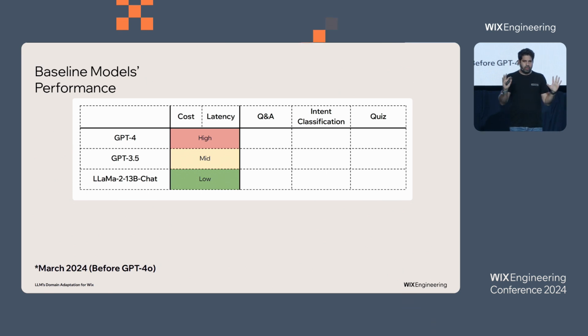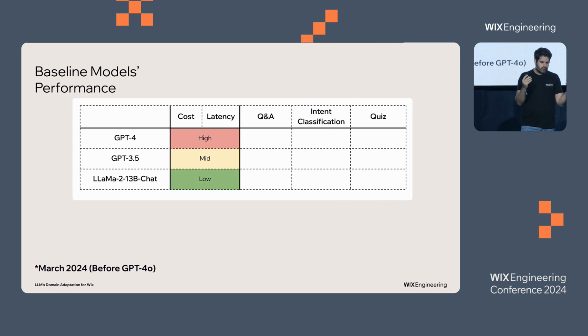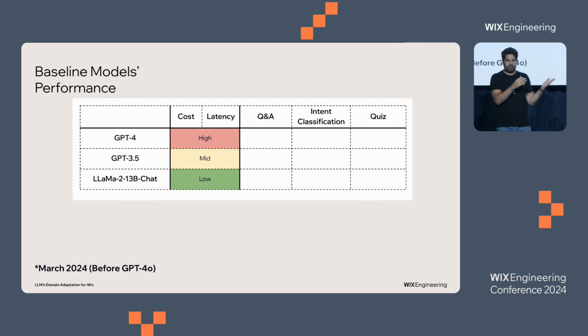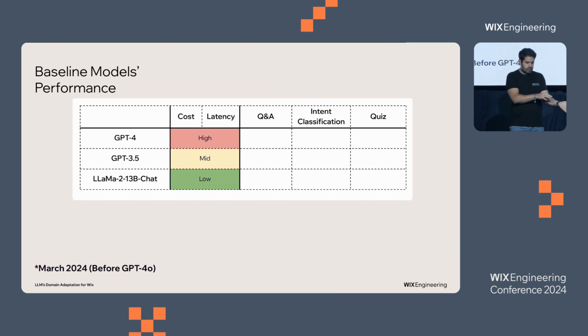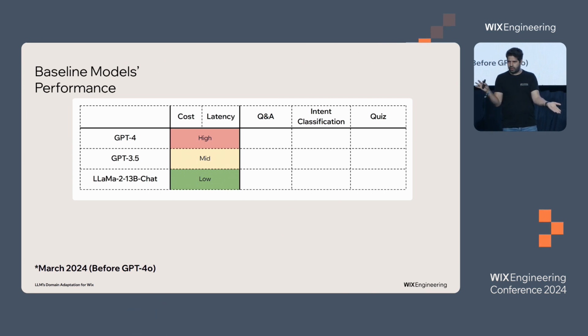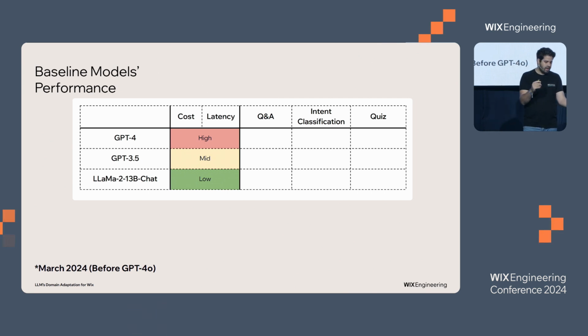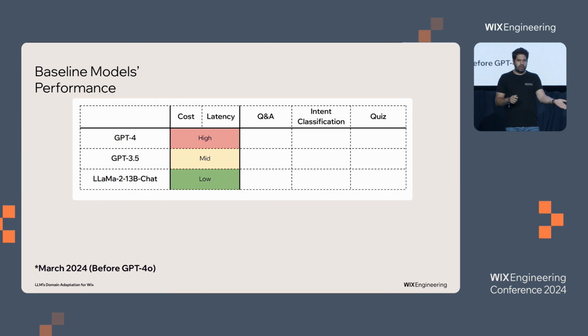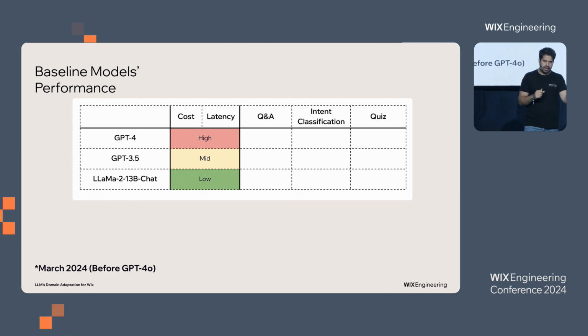Cool. So because we have the evaluation process, we can see what's the performance of the current models that we had. Back then, in March 24, there was only GPT-4, not 4.0, which really changed everything, and we might talk about it in the end. Not might, we will. But if you look at these models, GPT-4 had very high cost and high latency.